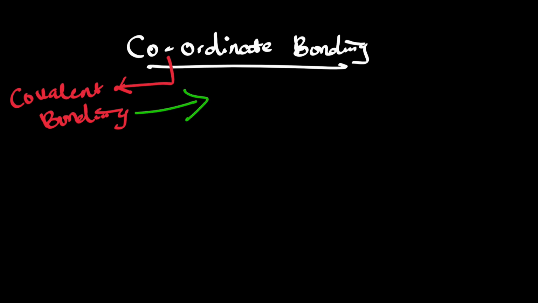What are the unique characteristics of covalent bonding? Who can try? Yeah, correct. Sharing of electrons. I get it. So now this sharing of electrons is between what?